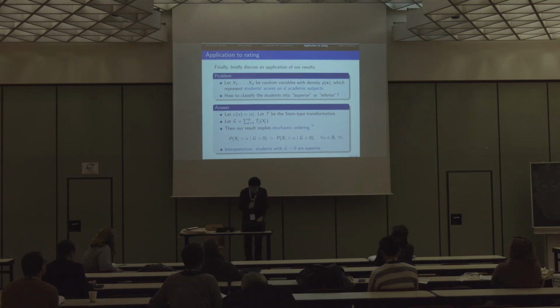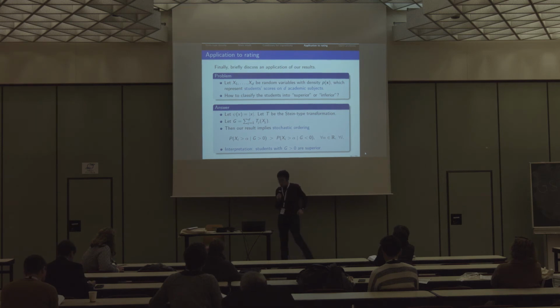Let psi of x be the absolute value function and T be the Stein type transformation, so that T sharp p is the Stein type density of p. And then define the random variable g by the sum of transformed variables.